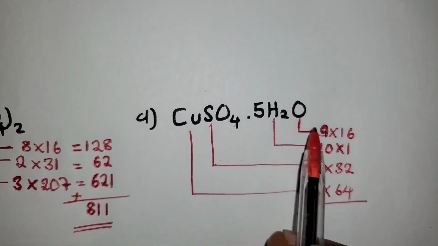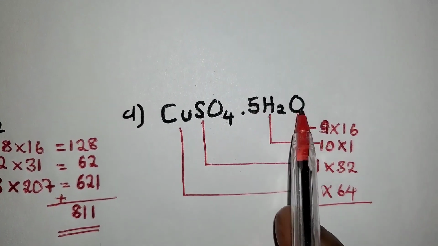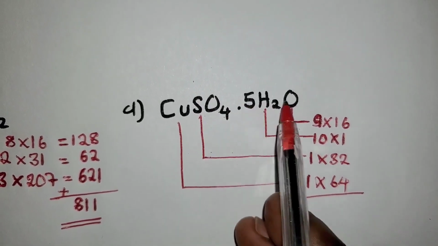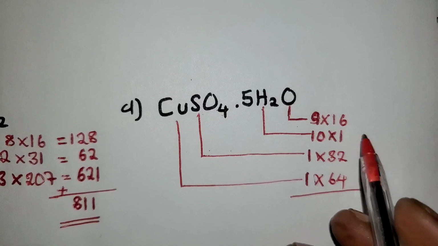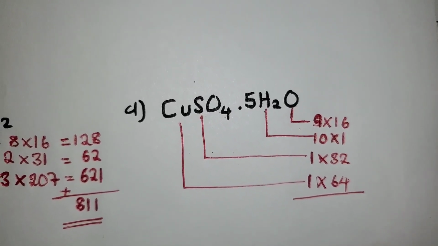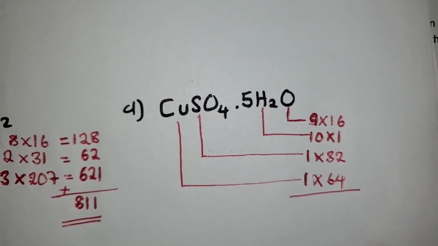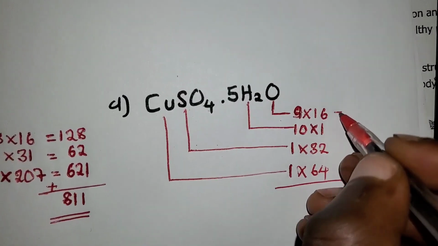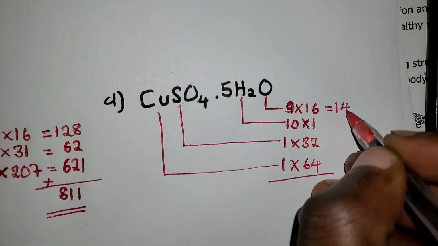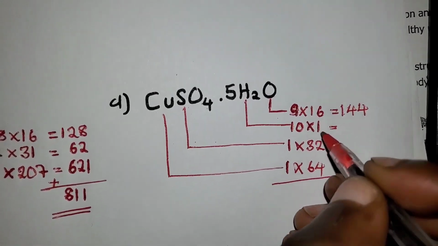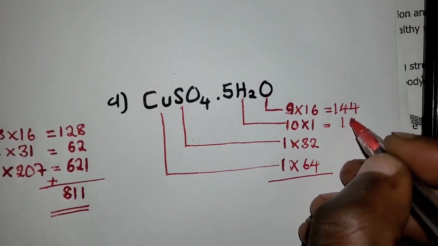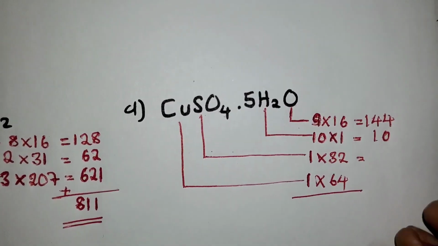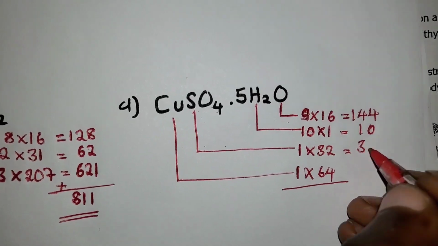Why is the number of atoms of oxygen 9? We have 4 here, then we have 5, so 5 plus 4 is 9. So when you multiply 9 by 16, it's going to give us 144. Then 10 times 1 will give us 10. Then 32 times 1 is going to give us 32.